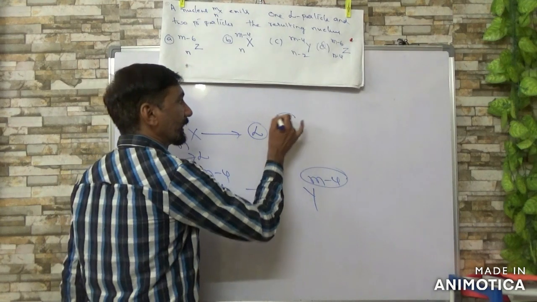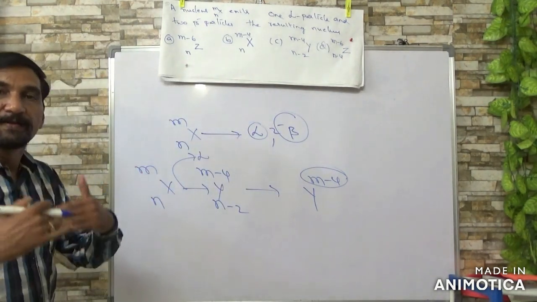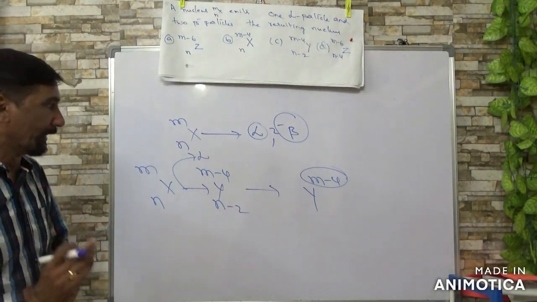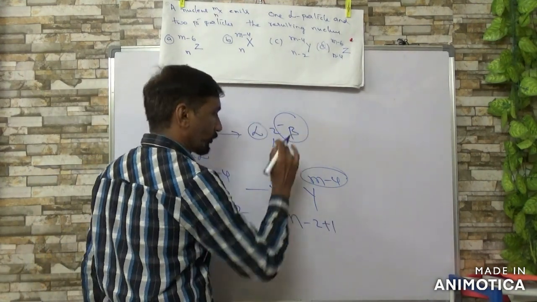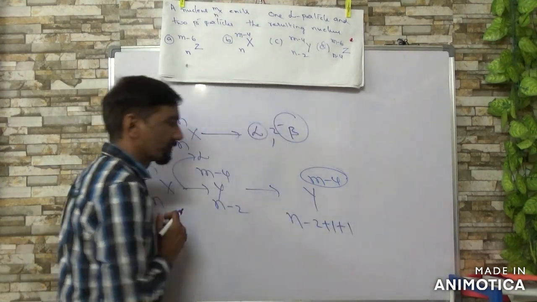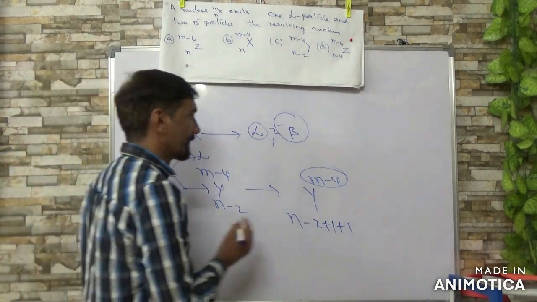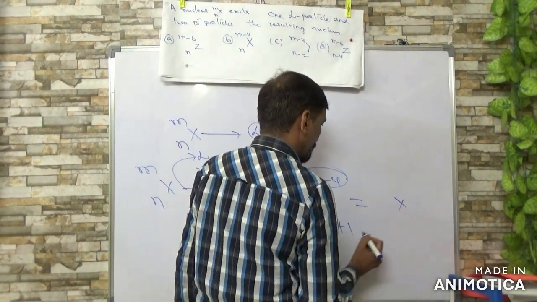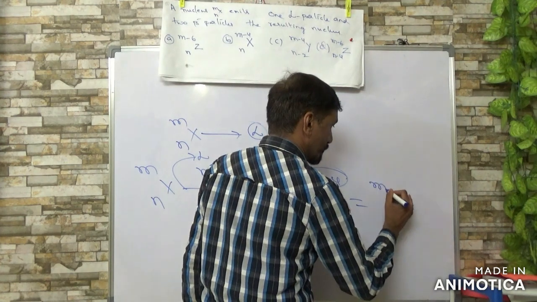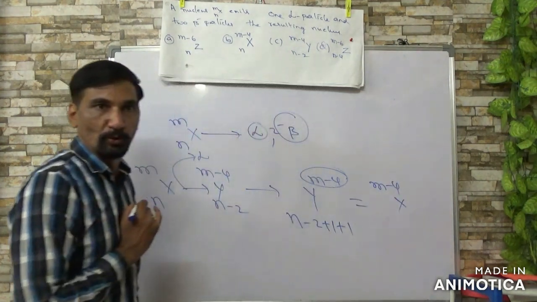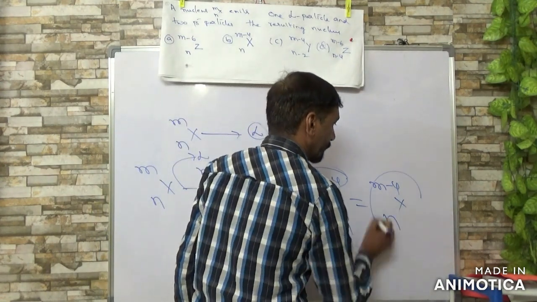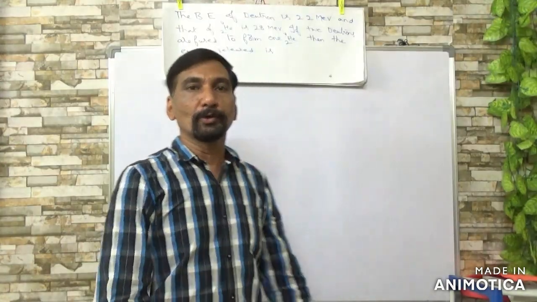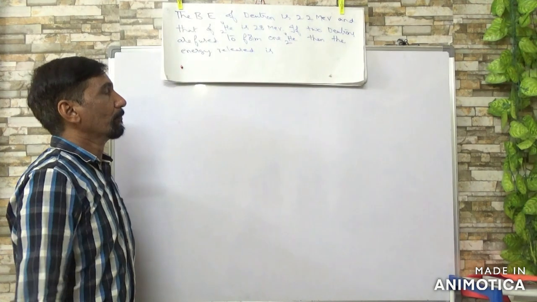But this is negative beta decay, so that is why number wise one is added. With 2 negative beta decays, 2 times 1 is added, so thereby you get some other element, but mass wise no change, m minus 4 only, number wise cancelled, n left.